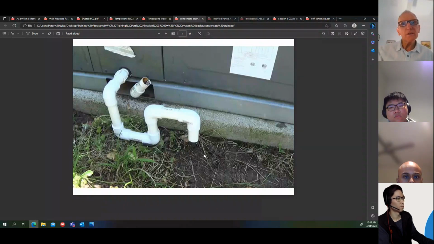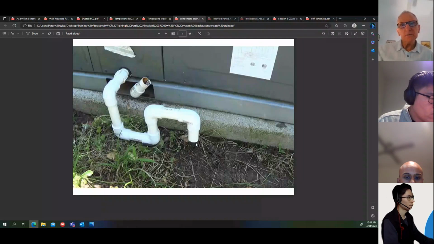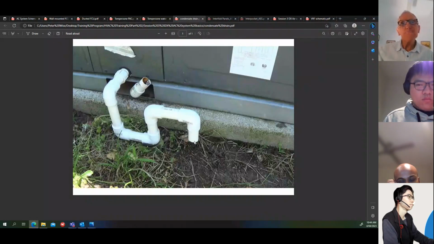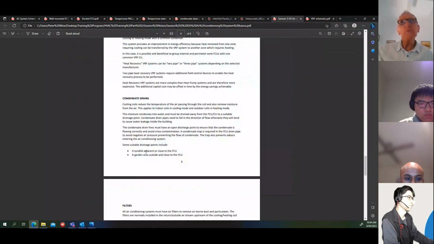Some local governments have requirements about what you can do with condensate drains or where you can discharge them. So you need to be aware of that and check with the local authorities to see what they'll accept. Basically, it's clean water, but sometimes they have requirements about where you can discharge it. Some suitable points for draining might be a tundish adjacent or close to the fan coil unit.